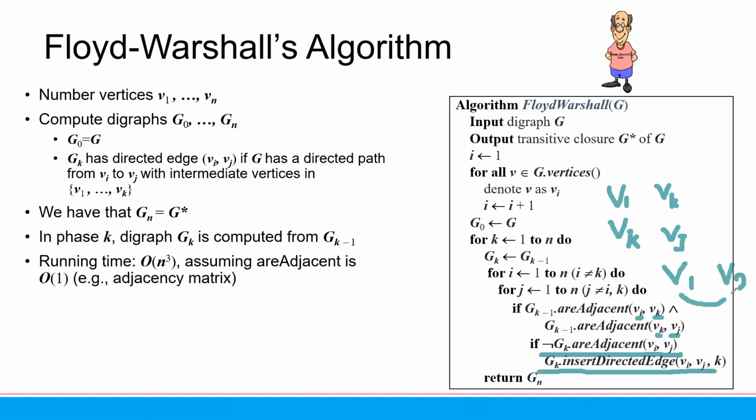So there will be a directed edge between vi and vj, and for the directed edge, we also include the k. Okay, k means the number. So we will do this loop until we insert all the directed edges.